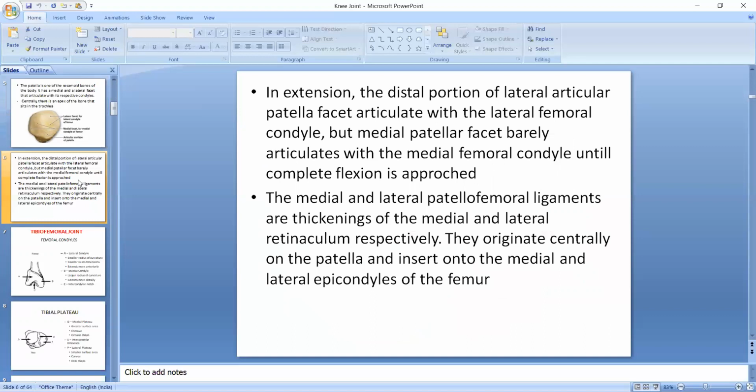In extension, the distal portion of the lateral articular patellar facet articulates with the lateral femoral condyle, but the medial patellar facet barely articulates with the medial femoral condyle until complete flexion is approached. Medial and lateral patellofemoral ligaments are thickenings of the medial and lateral retinaculum respectively. They originate centrally on the patella and insert onto the medial and lateral epicondyle of the femur.